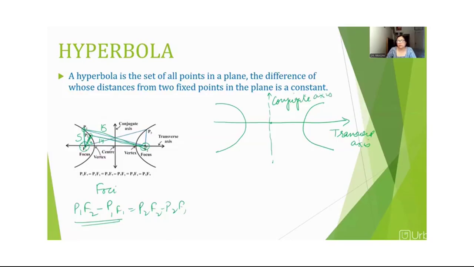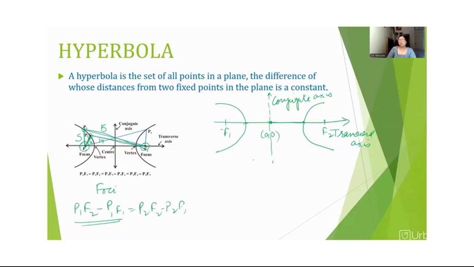If we consider this point to be origin, now you can see that let this be the vertex of this side and this be the vertex of this side. Here the foci will be like F2 here and F1 here, right?